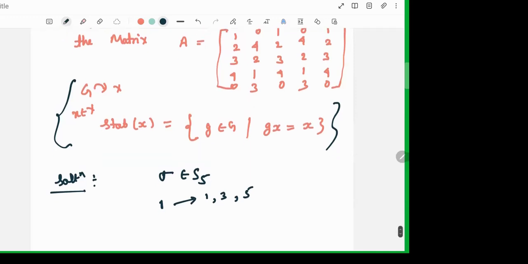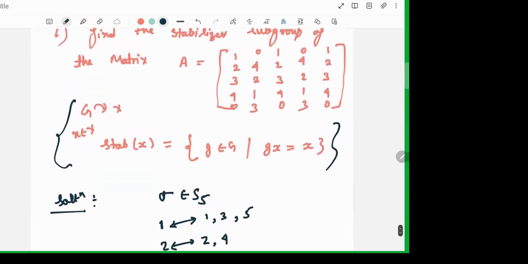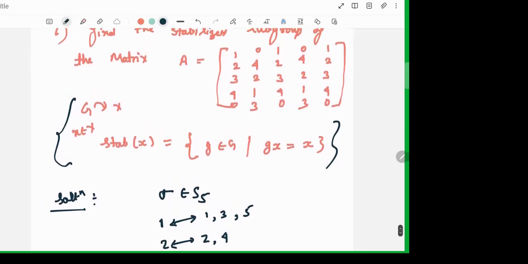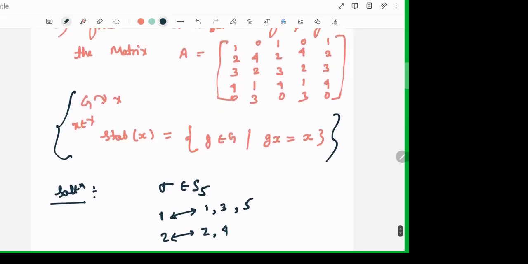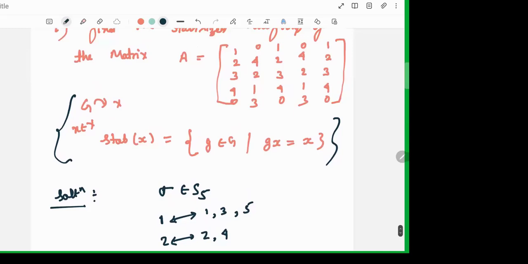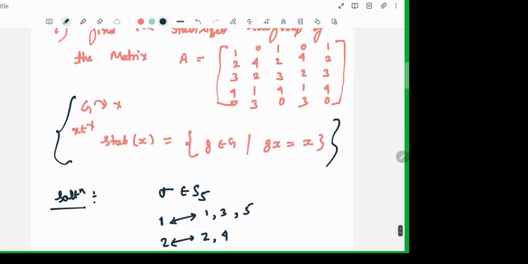Where can two go? You are asking in terms of columns. Yes, in columns only, because the action is defined in terms of columns. Two can go to the second or fourth place. These are the second and fourth columns, right?